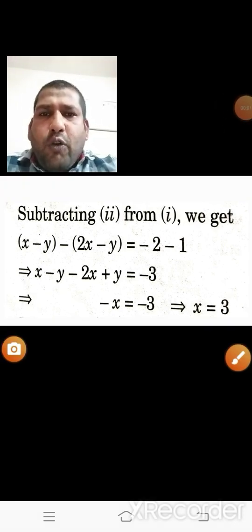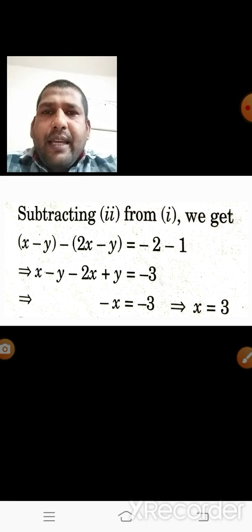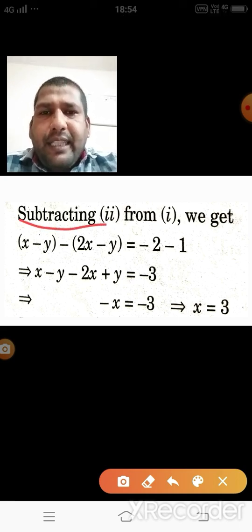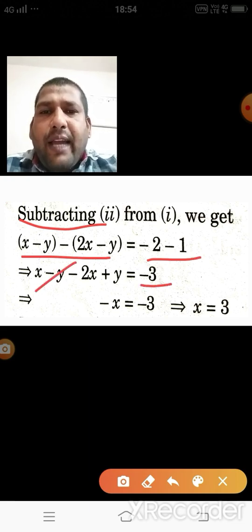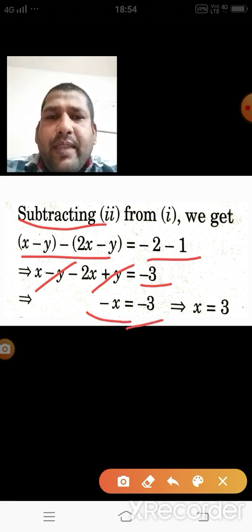Since the coefficients of y are the same and have the same sign, for this reason we subtract these two equations. Subtracting, we get x minus y minus 2x plus y equal to minus 2 minus 1, which is minus 3. y cancels out, and x minus 2x is minus x equal to minus 3.